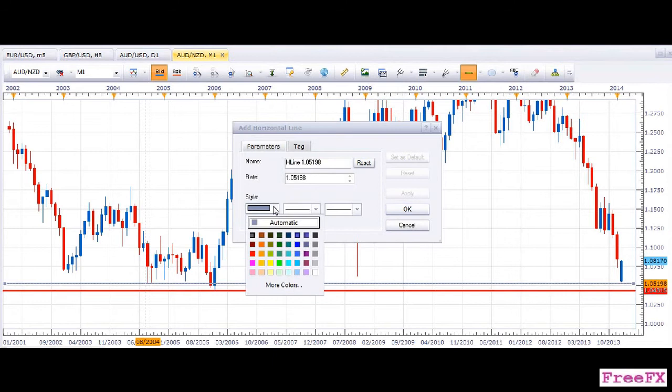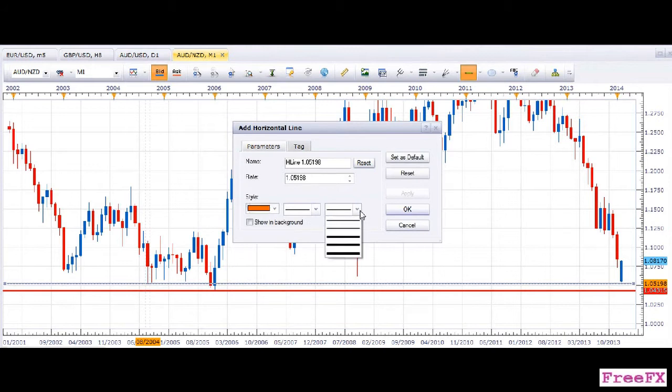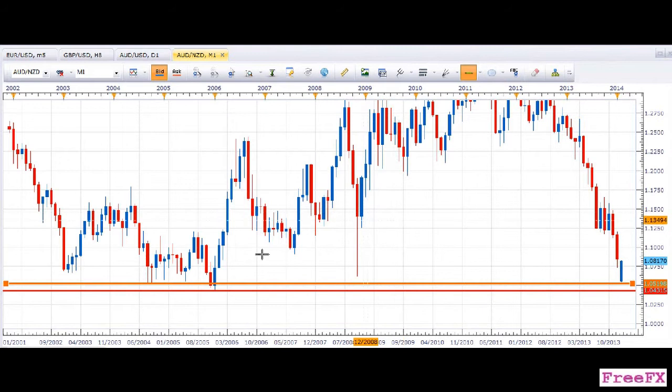So 2004 is where I will select my line, and I can move it in a second. I already have red for the previous one, so I'm going to select a slightly different color, almost red, but not quite, so we'll go for orange, and make it also very thick.